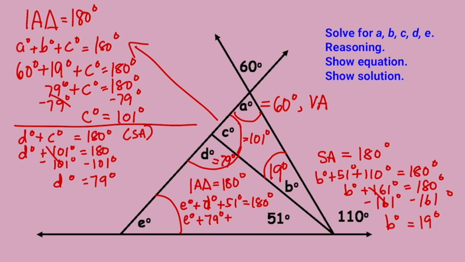It's 79 degrees plus 51 degrees. So E plus 130 degrees equals 180 degrees, minus 130 on both sides. E is equal to 50 degrees. Did you get it? Okay, good.